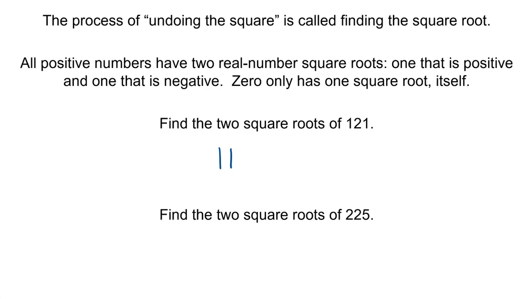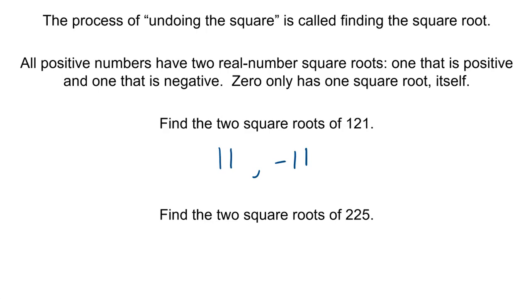The negative square root of 121 is negative 11 because negative 11 times negative 11 also gives us positive 121. So all positive numbers have 2 square roots, one positive and one negative.